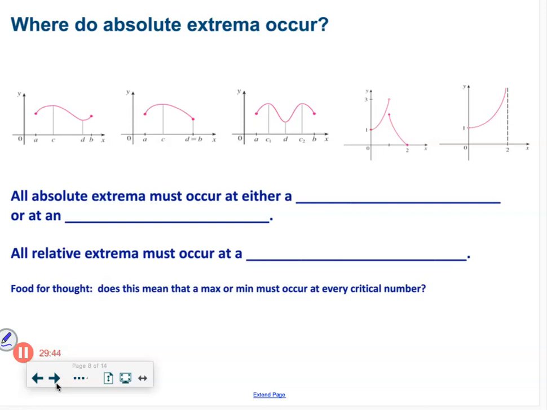Let's see if you remember what I just said. Either a critical number or at an endpoint. So an absolute max or min has to occur at either a critical number or at an endpoint. Relative maxes and mins have to occur at a critical number.